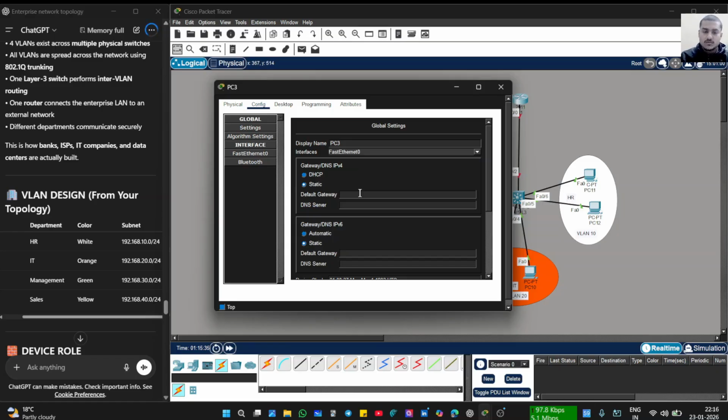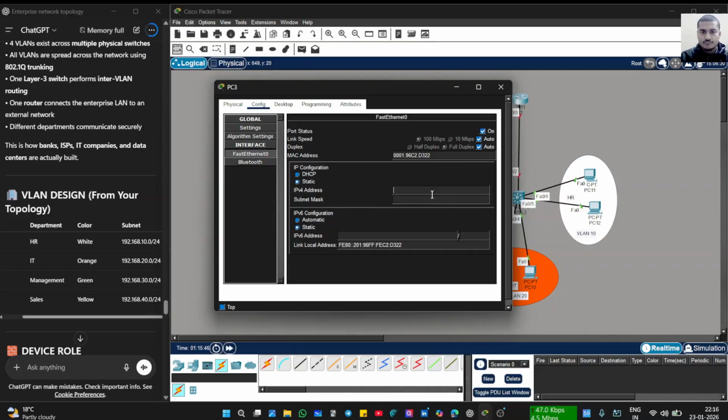Okay, it's time to do VLAN 30. 192.168.30.1, this is the gateway. Then 192.168.30.10, not 10.10 actually, it's 30, right? This is the first PC of VLAN 30.